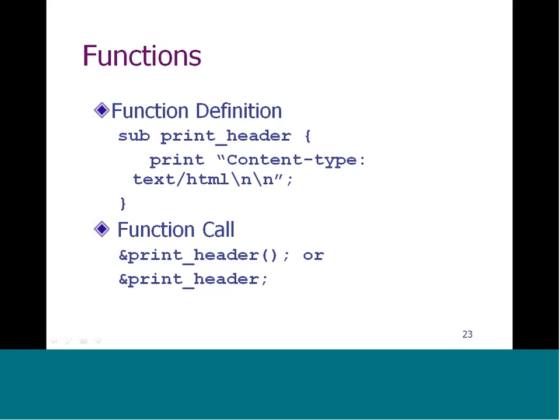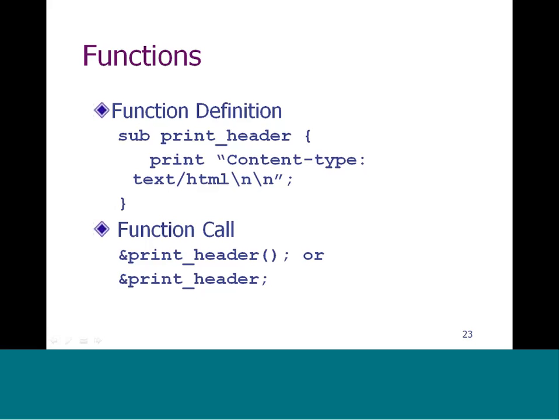Okay, now let's look at the functions essentially. We saw a function previously, which is the chop itself. Actually, that's more like a library based function, a standard function provided by Perl itself.